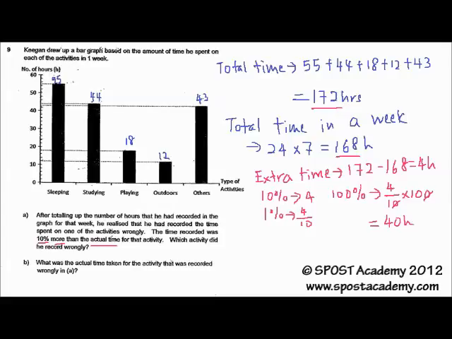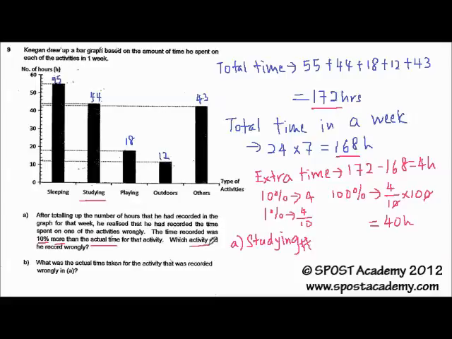So that means the activity that was recorded wrongly would be an amount of 40 plus 4, which is 44. And if we look at the bar graph, we will know that studying is the only one that has got the time of 44 hours. Therefore, for A, studying is the activity which has been recorded wrongly.